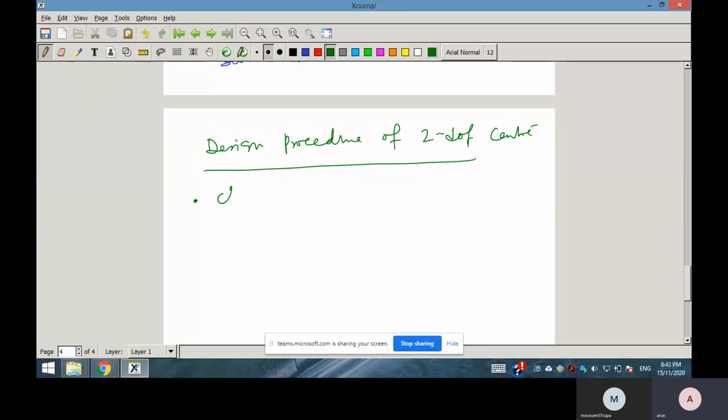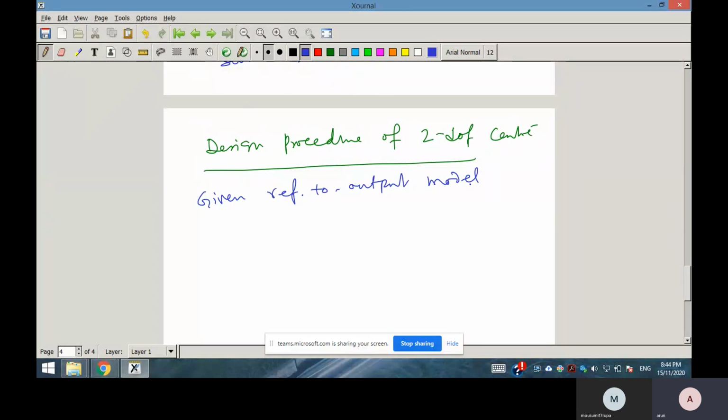So first step is, in case of given reference model, so what is the problem? So given reference model, what is given is the reference input to output model.